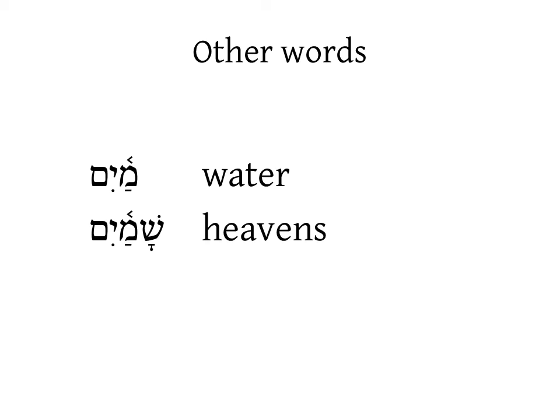And shamayim, also very common, heavens, or the heaven, or sky. It looks dual, but there's nothing particularly dual about the concept of the sky. I mean, you can work hard and try to find some meaning, but it's not necessarily intended to be conveyed by the form of the word shamayim. It's just how the word for heaven or sky is written.